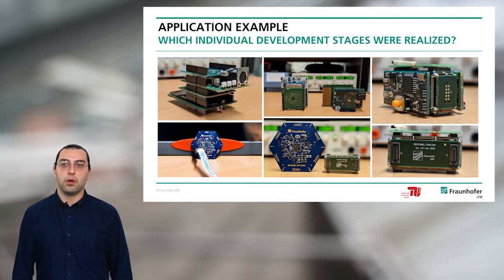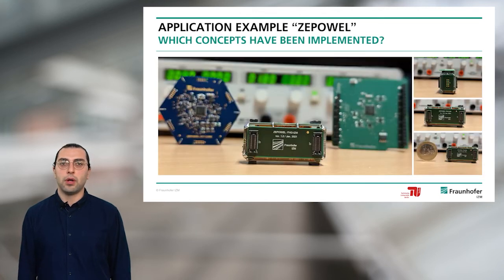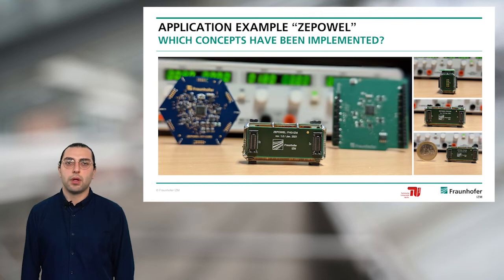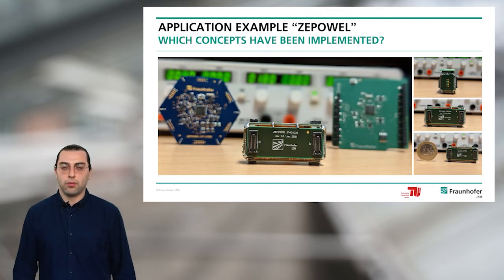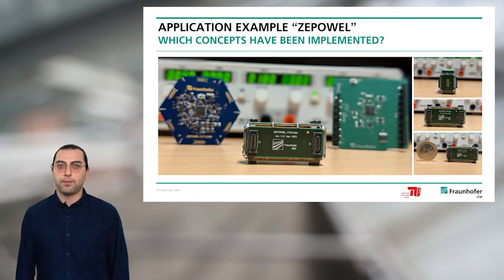You can see how significantly smaller it is, and with the board-to-board connectors, we can also easily add new extensions. Here are some more pictures where you also can see on the right side a comparison with a one euro coin, and also a comparison with the other solutions, with the stack solution and with the wired one.